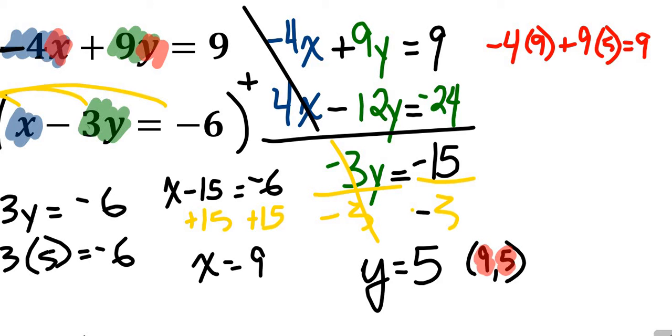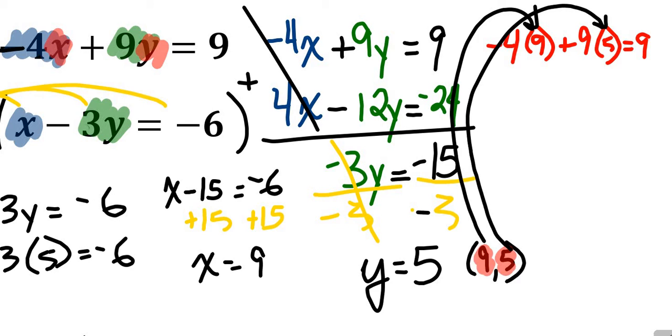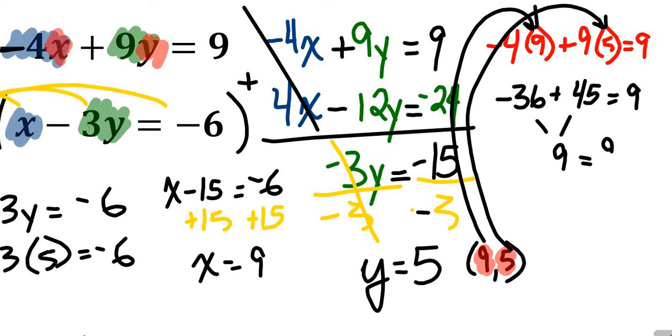Just to recap, what I did is I took that x and I plugged it in there, and that y and plugged it in there. Now, you work it out. And 45 minus 36 is 9. 9 equals 9. There's your check.